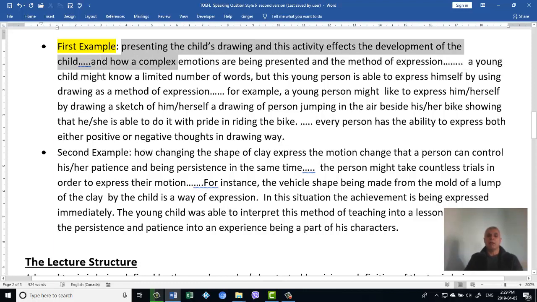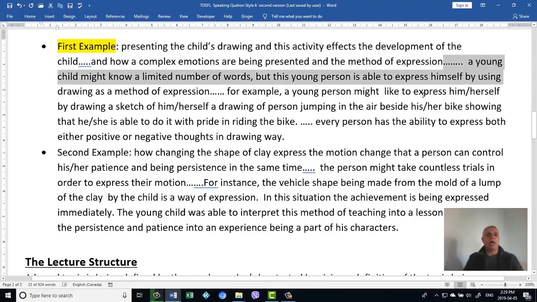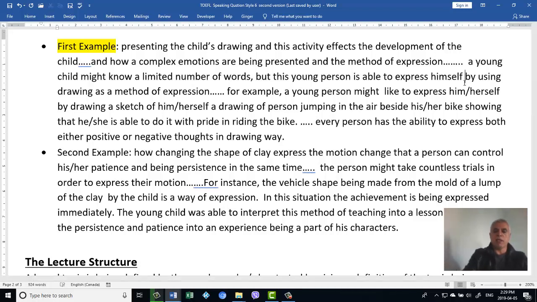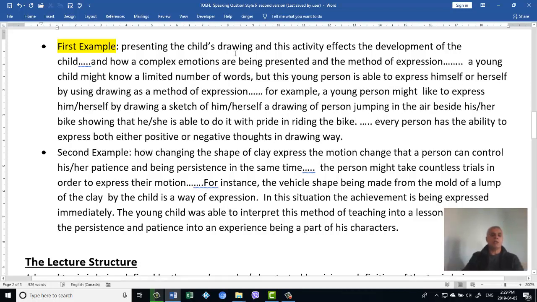It shows how complex emotions are presented and the method of expression. A young child might know a limited number of words, but this young person is able to express himself or herself by using drawing as a method of expression.